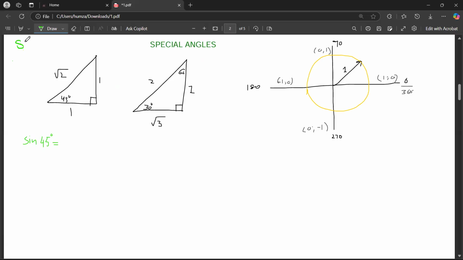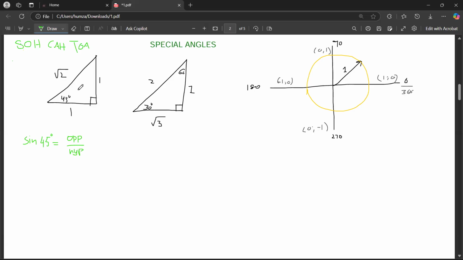So please remember the mnemonic SOHCAHTOA. We know that we are working with the angle 45 degrees. So sin 45 degrees: we know that the trig ratio sin is equal to opposite over hypotenuse.